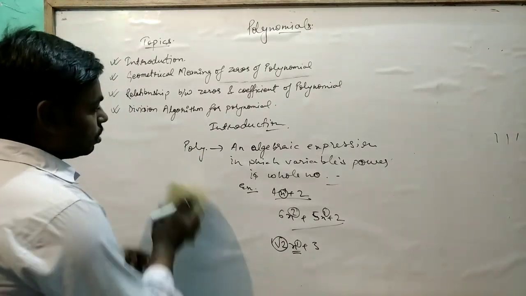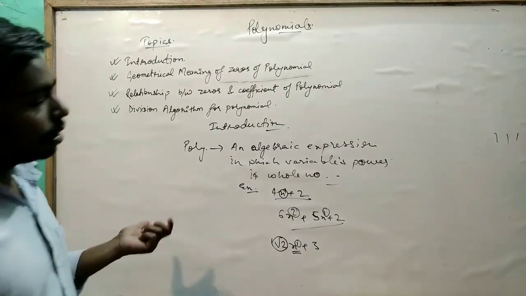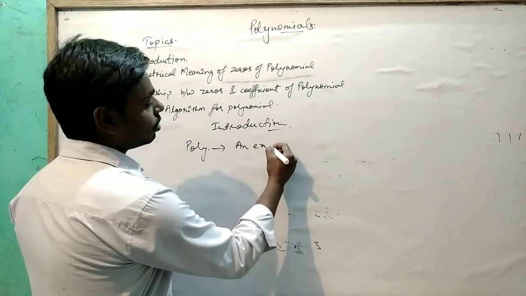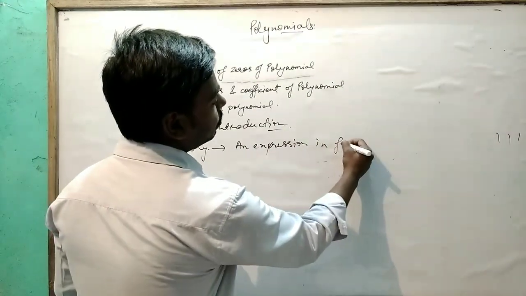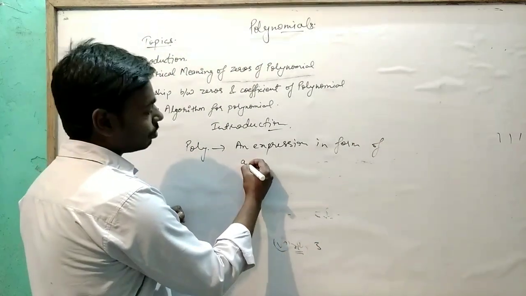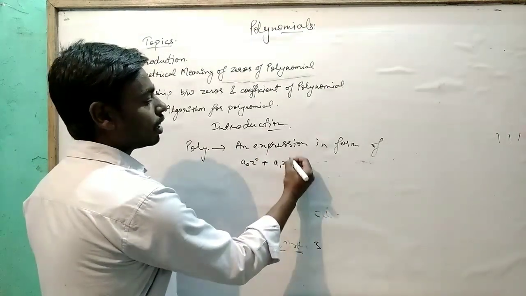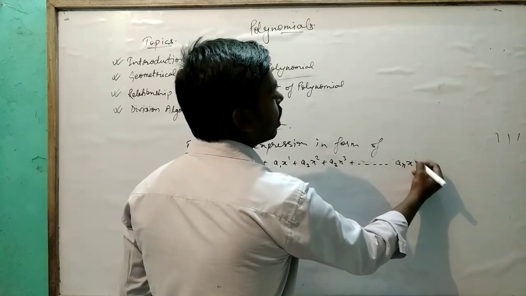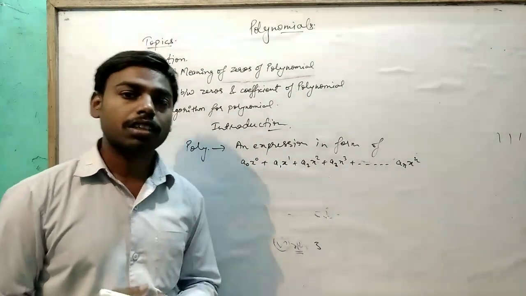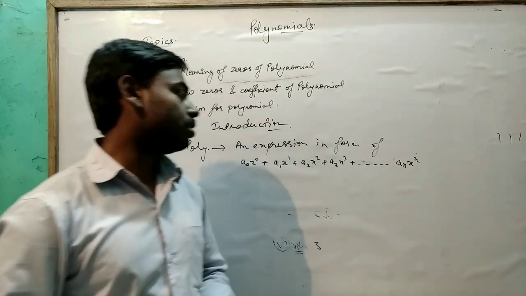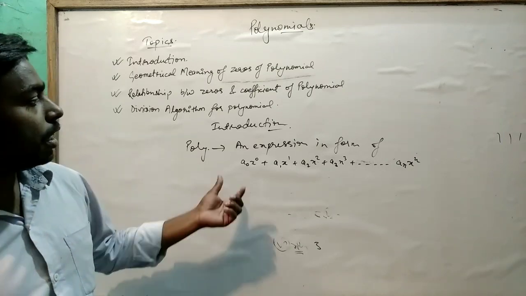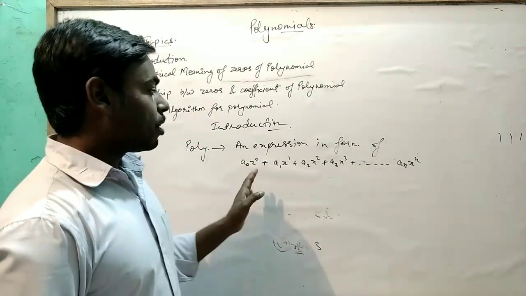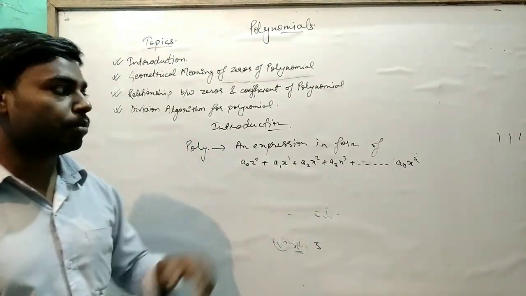Or we also know another definition of polynomial, which is an expression in the form of a naught x to the power 0 plus a1 x to the power 1 plus a2 x to the power 2 plus a3 x to the power 3 dot dot dot an x to the power n, where n is a whole number and a naught, a1, a2, a3, a4, an are constant terms, which may be real numbers also.